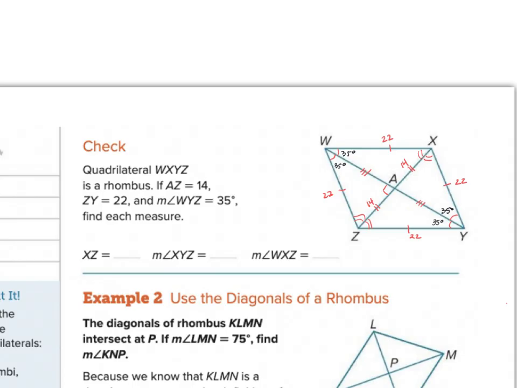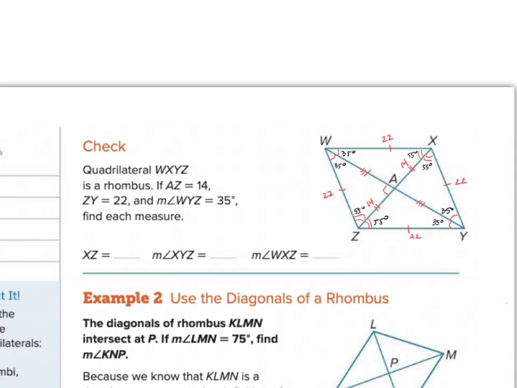If this is 90 and this is 35, then that makes this 90 minus 35. This should be 55 degrees. I know that this is 55 degrees. This one is 55 degrees, and this one is 55 degrees.